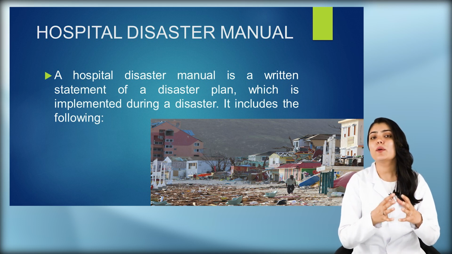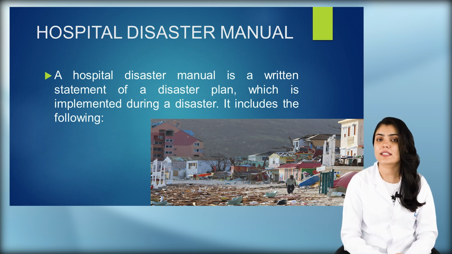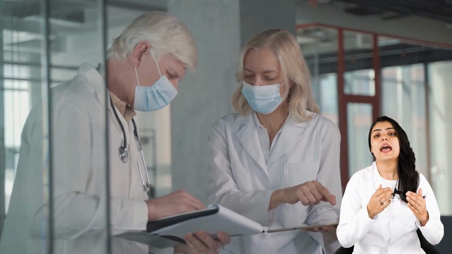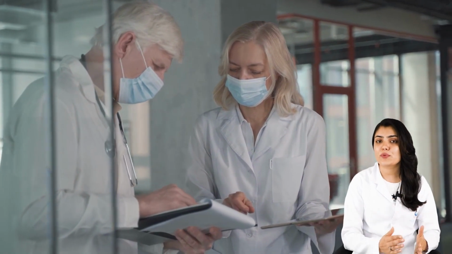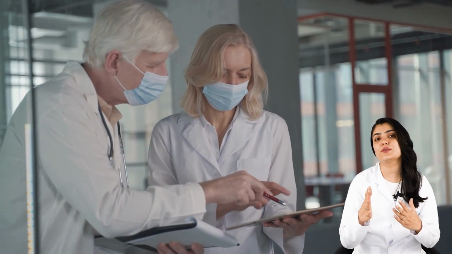It is a plan which is written down to be implemented in each and every hospital. In the hospital disaster manual, the statements are pre-planned before the occurrence of the disaster, and those steps are followed during the time of disaster. It may differ from one hospital to another.